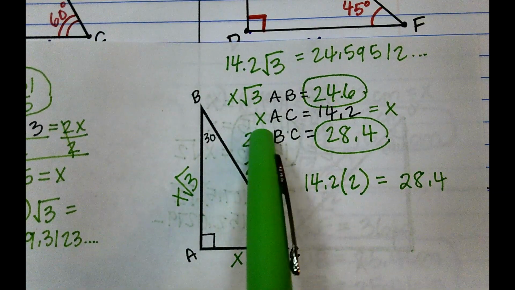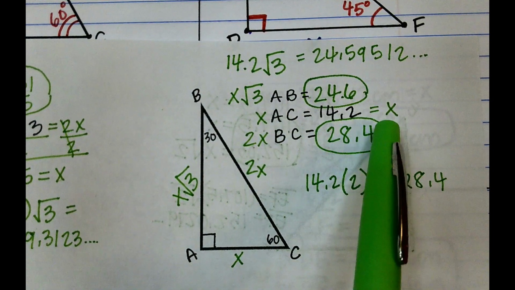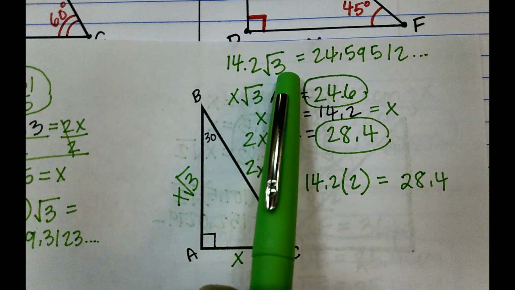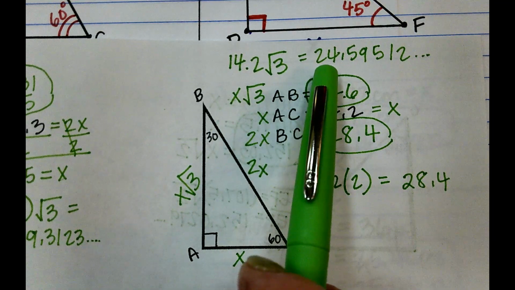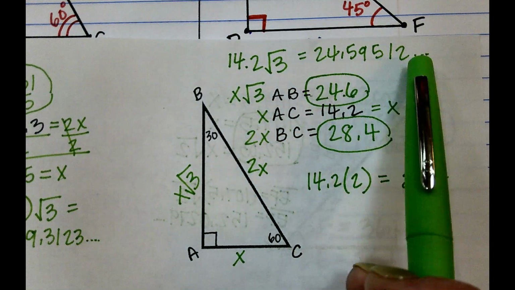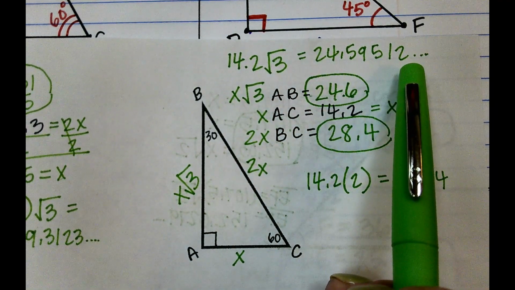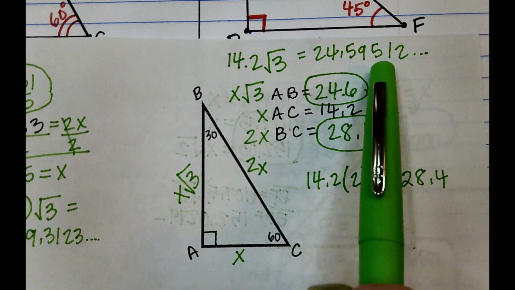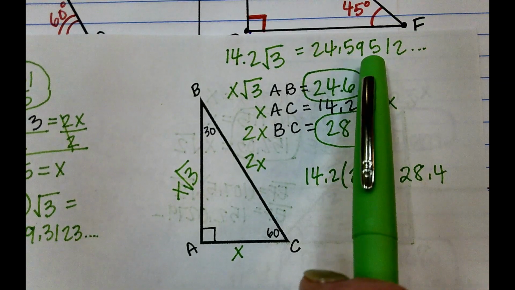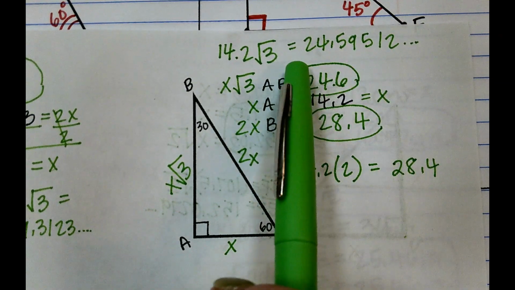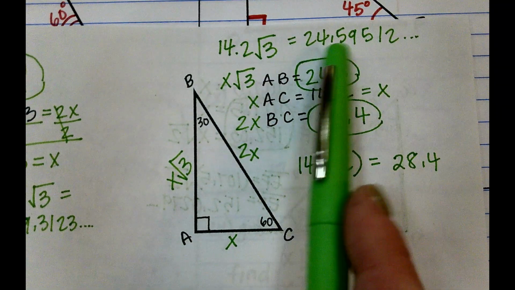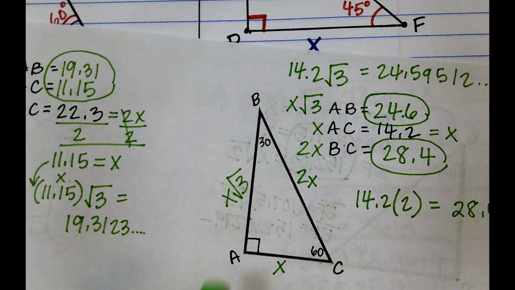So I have that 14.2 is my X. So I plugged in 14.2 radical 3. Type that in. This is what my calculator gave me. You get that? Okay, good. Maybe you rounded it up. Yeah, we'll try to keep them as decimals just so they're more accurate.